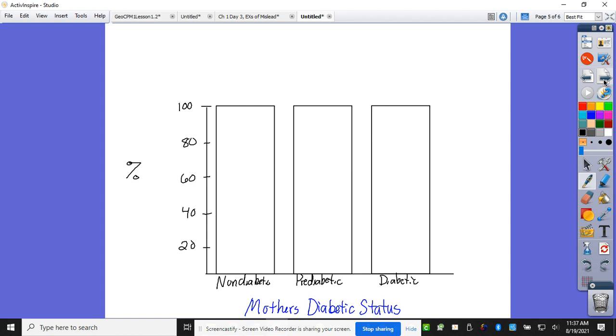So 96. Wait, something. Let's be a little smart here. Which one would be easier to color in? Does it really matter which one you colored in? No. But do you want to spend your time coloring something in? No. So make it easier on yourself.